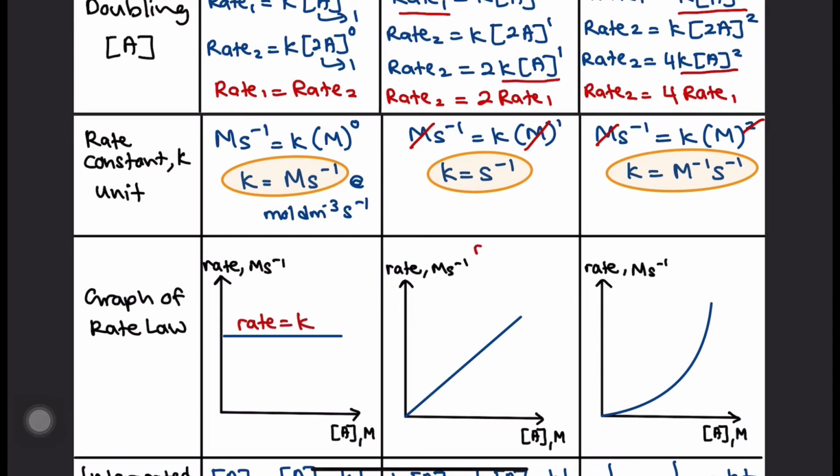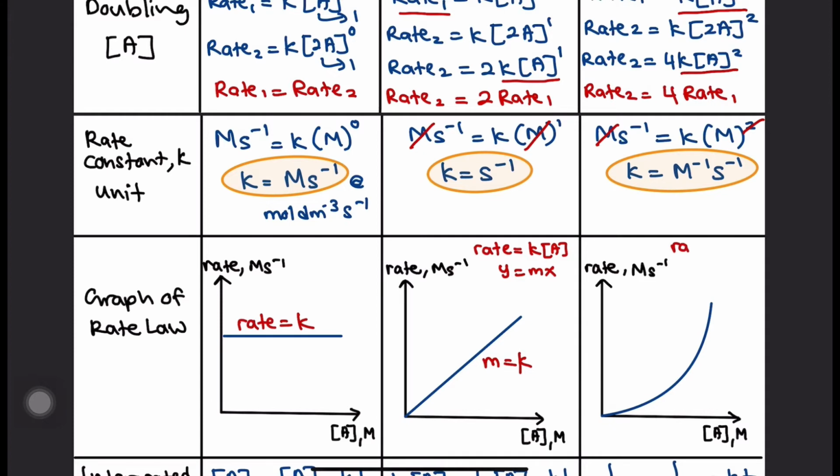Next, for first order reaction, since rate equals k multiplied by the concentration of A, you can see that it matches y equals mx. Therefore, a linear graph passing through 0 is obtained whereby m, the gradient, equals k.